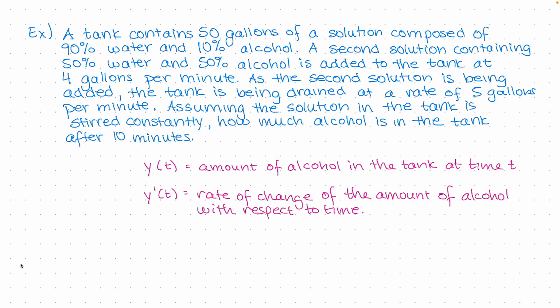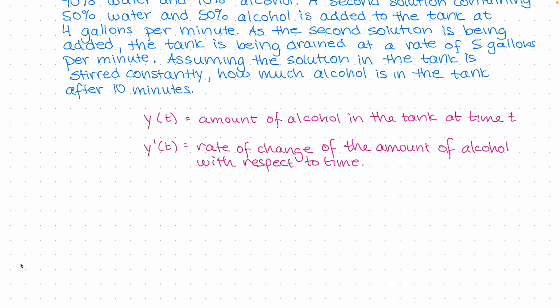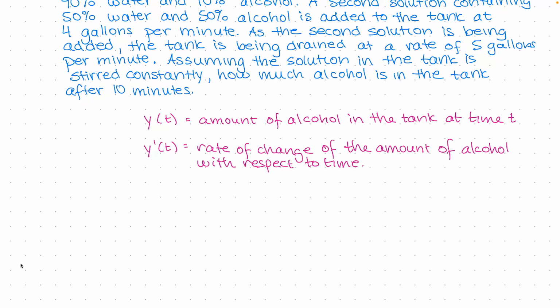But y prime of t, I mean, we obviously have alcohol being added and alcohol being removed. So let's see if we can figure out the rate at which the alcohol is being added and the rate at which it's being removed. And when we subtract them, that's going to give us the rate of change of the amount of alcohol. So what I mean by that is this.